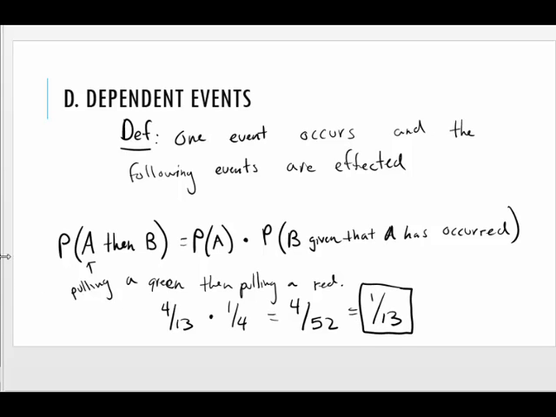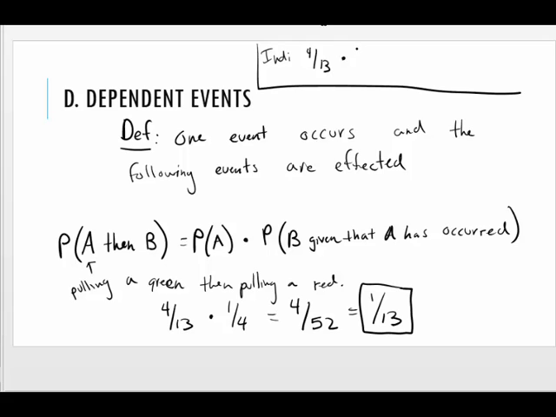For independent, if they were independent of each other, that would be different, right? This is a little side note. Independent would be 4/13, and then B. So we're saying probability of A and B occurring, or A then B with replacement, would be 4/13 times whatever B was, which is not 1/4 anymore.